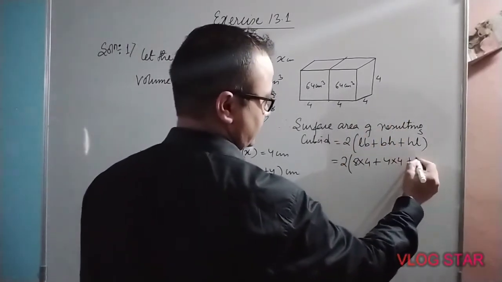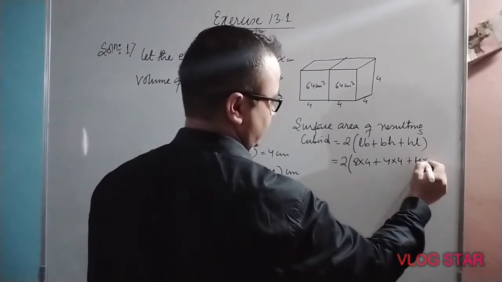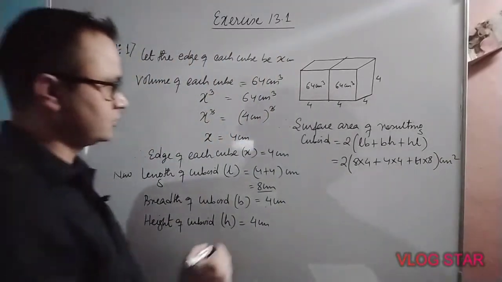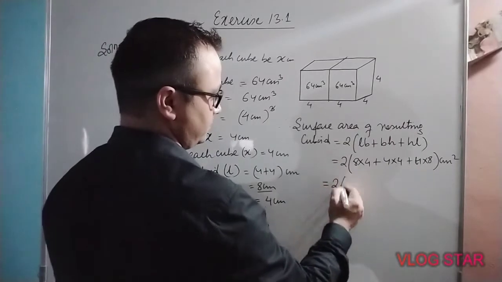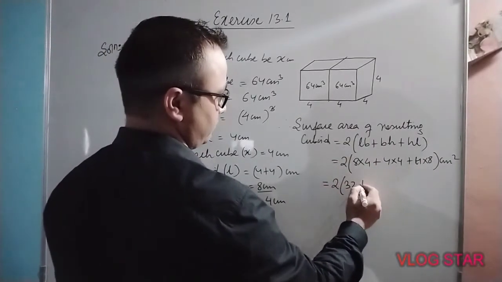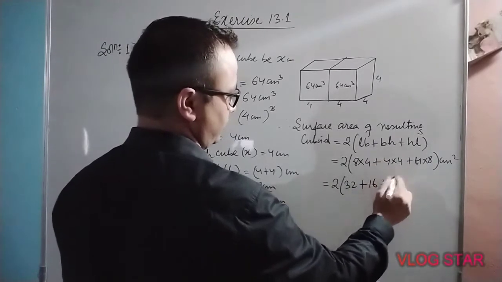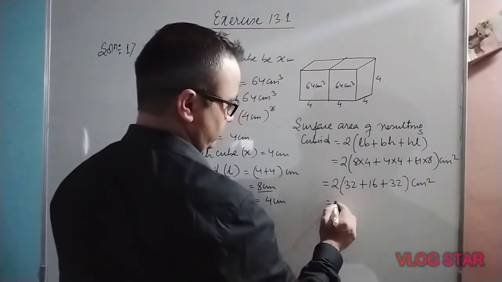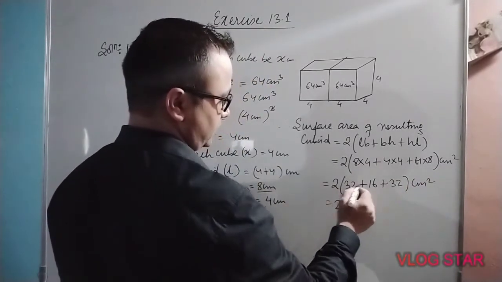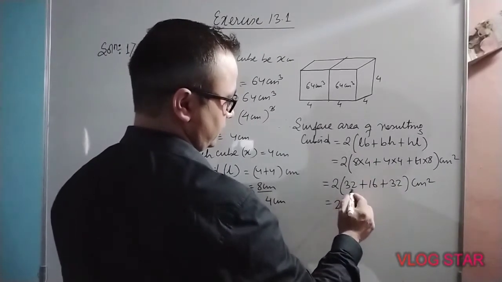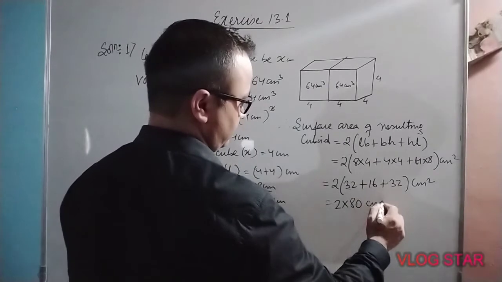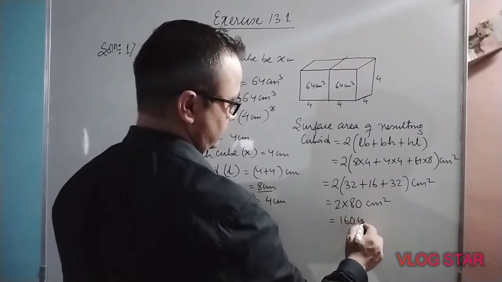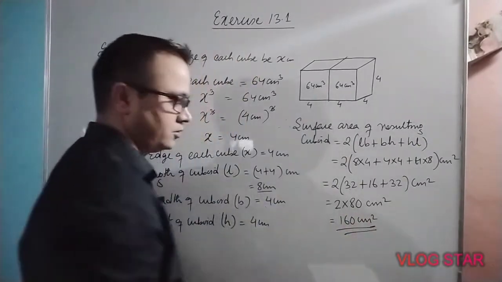The area is in centimeter square. So this equals 2 times (8 into 4 is 32, plus 4 into 4 is 16, plus 4 into 8 is also 32) centimeter square. 32 plus 16 plus 32 is 80, so 2 into 80 is 160 centimeter square. This is the answer of question number 1.